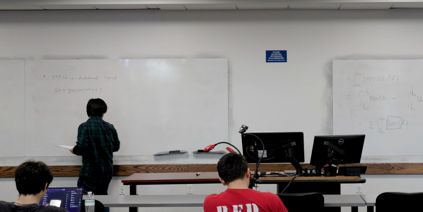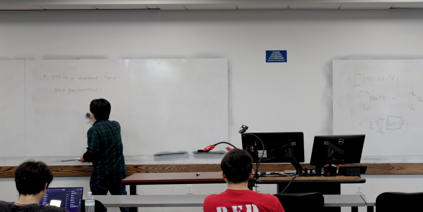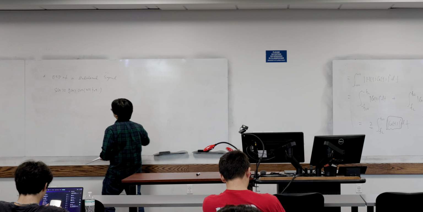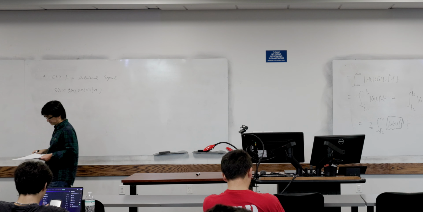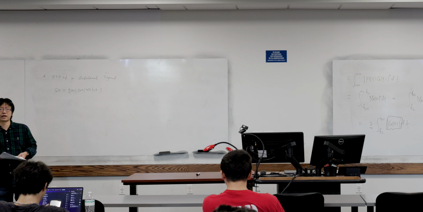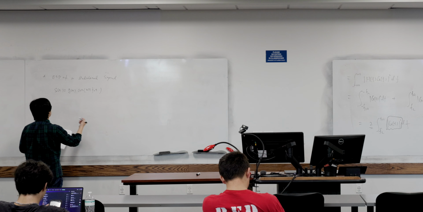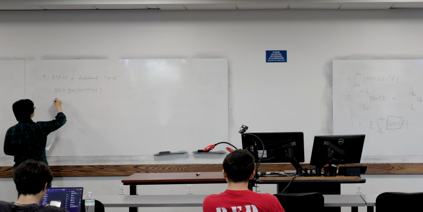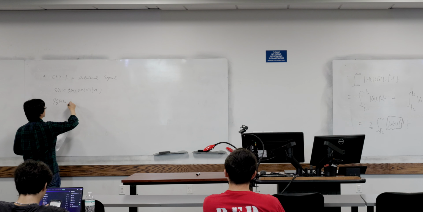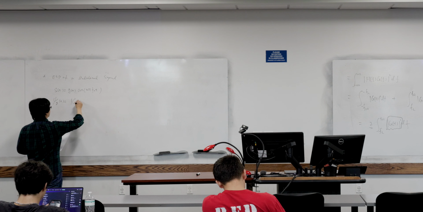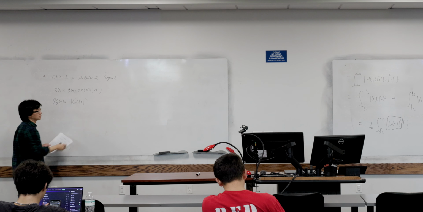This is what we do. Then let's see what the ESD of this is. We know the ESD of g: psi_g(f) equals |G(f)| squared. This is what we know here.